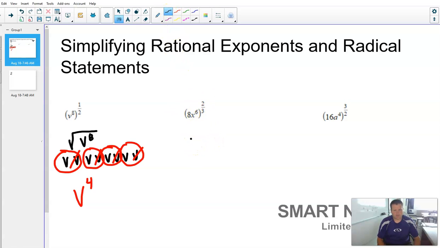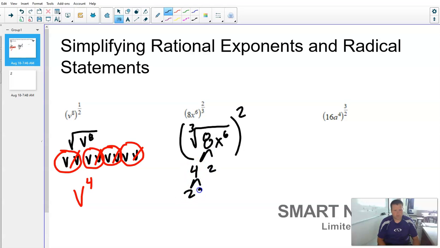Same thing here. I'm going to change its form, so I'm going to go to the cube root here of 8x to the 6th, and then this is all to the 2nd. Okay, I'll take care of the second at the end. What we want to do is take care of this cube root first. So I'm going to break down this 8, 4 and 2, and 2 and 2, and then my x's, which is x, x, x, x, x, and x.